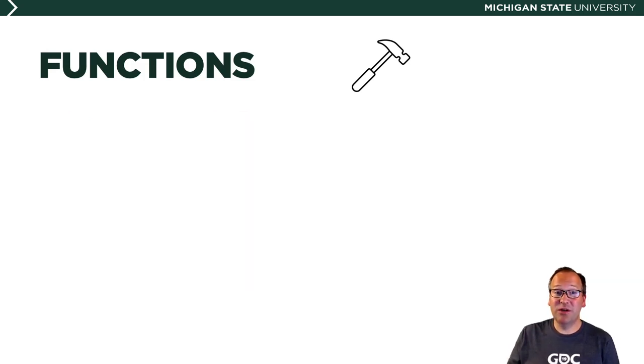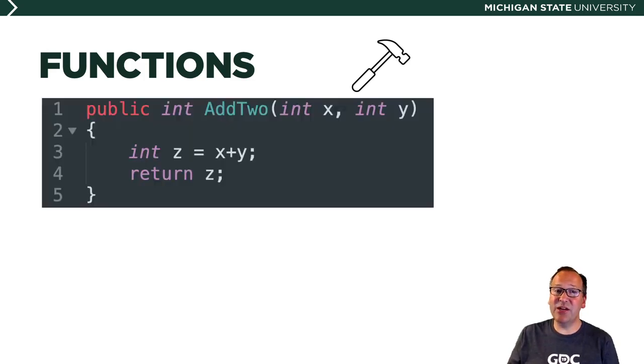As I said before, functions do things. You could think of a function as a named section of code that performs a specific task. You can specify what the function does between two curly braces that follow the function declaration. You can see here I define a public function named add2 that accepts two integer arguments, x and y, and returns an integer.